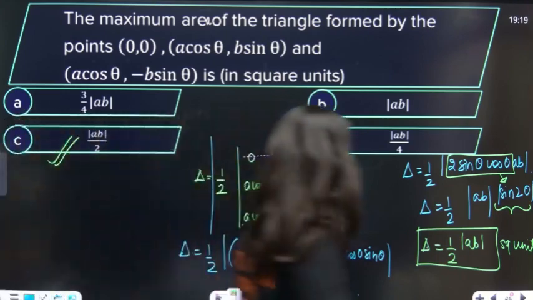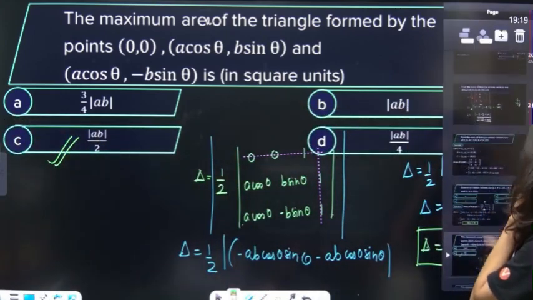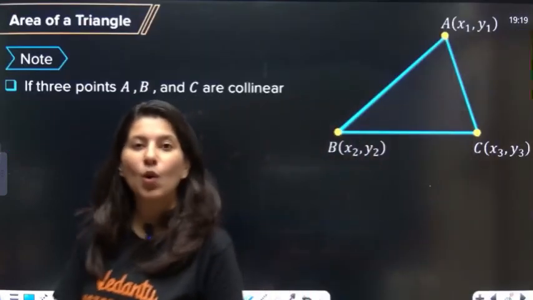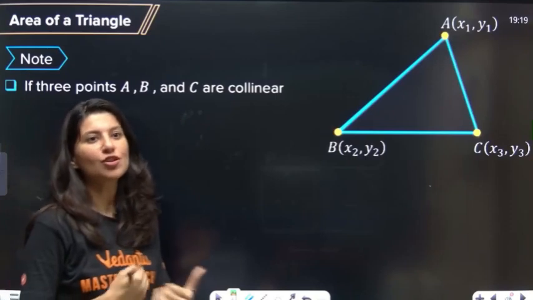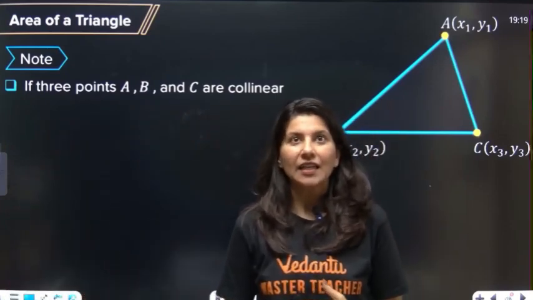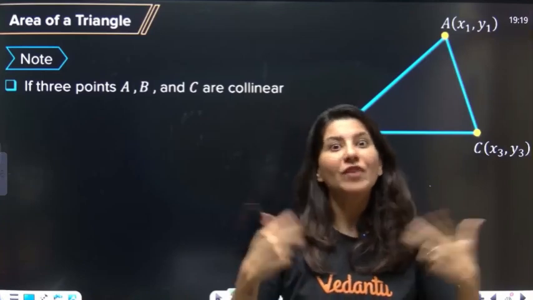All right. Now, from this particular topic, area of triangle, here comes a very important concept, which is the condition of collinearity. And condition of collinearity can be done through various chapters.